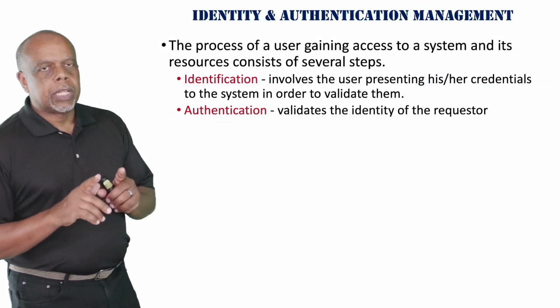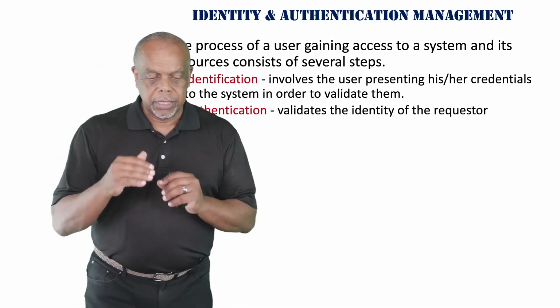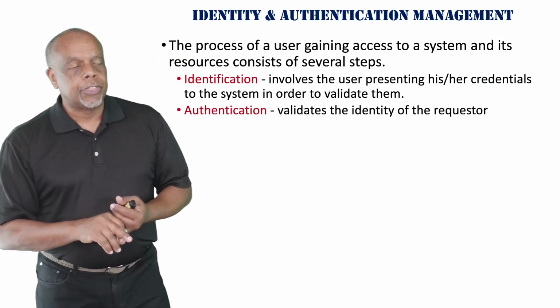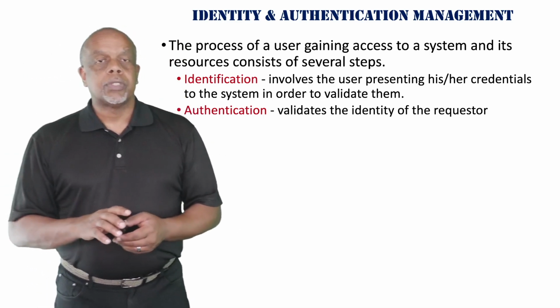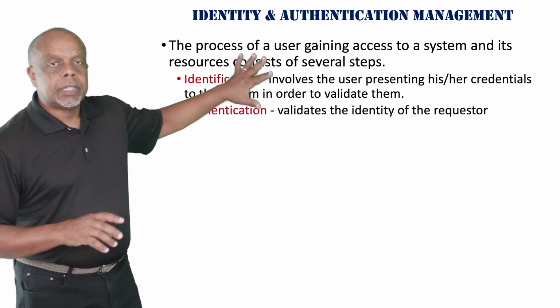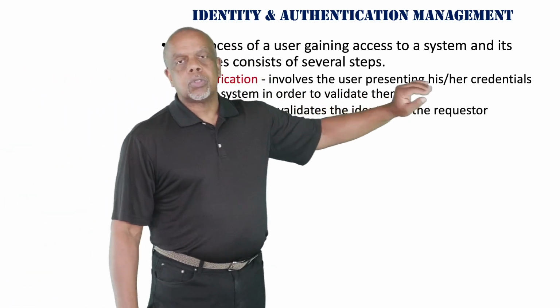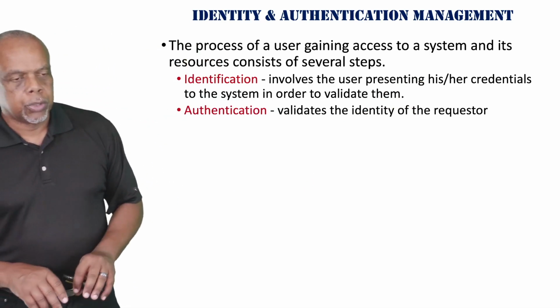All right, let's talk about now really quickly some identification and authentication management. We're still in that same vein of identification, authentication, access control, authorization, and auditing. So when we think about this, like I said, identification involves the user presenting his or her credentials to a system. Like we talked about before, it could be your username.